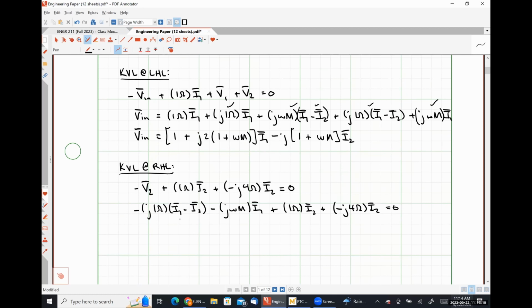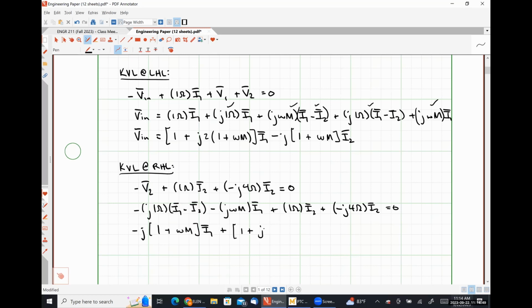So I should just have negative J times, there's a 1 ohm term, and there's an omega M term. And then for my I2 term, I will have a real part. So that's going to look like 1 plus.